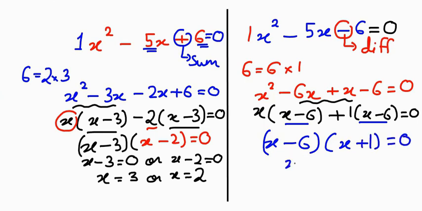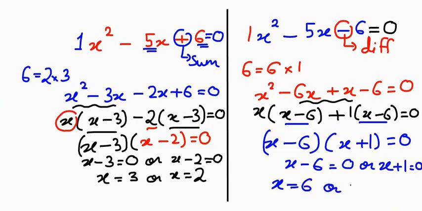That means that either x minus 6 is 0 or x plus 1 is 0. So x equals 6 or x is equal to minus 1. These are the values of x here, 6 or minus 1. So that's how we can solve the equation by the factorization method.